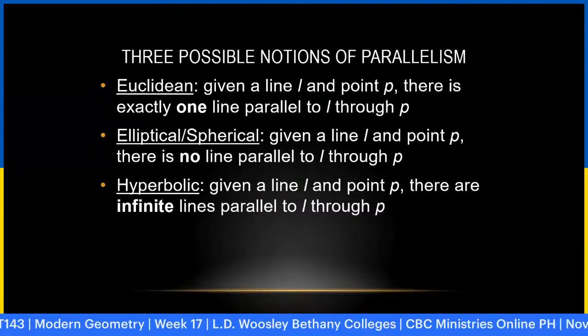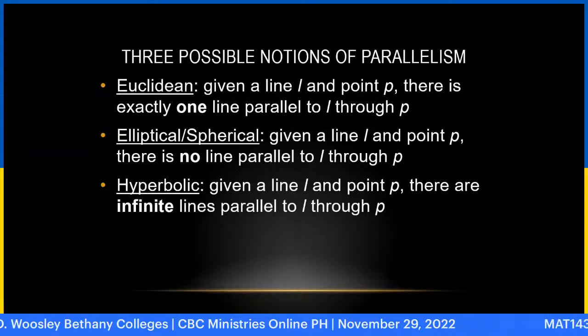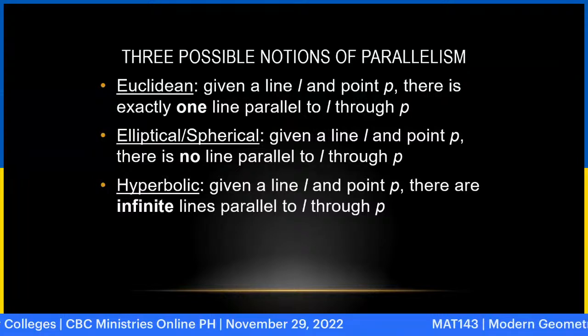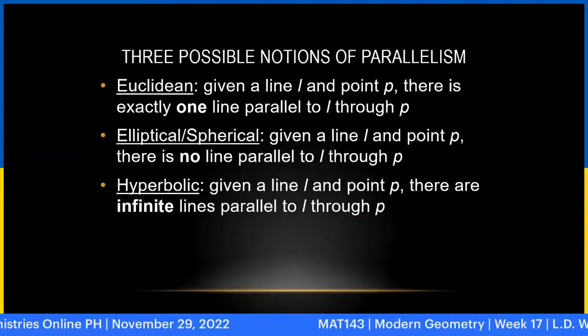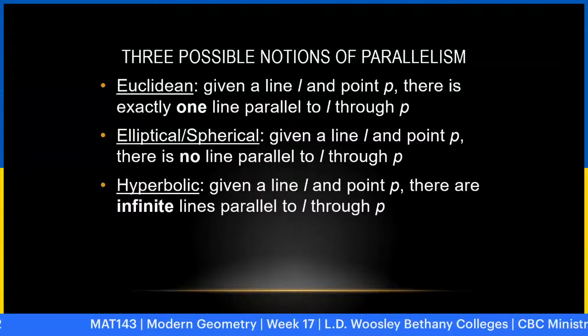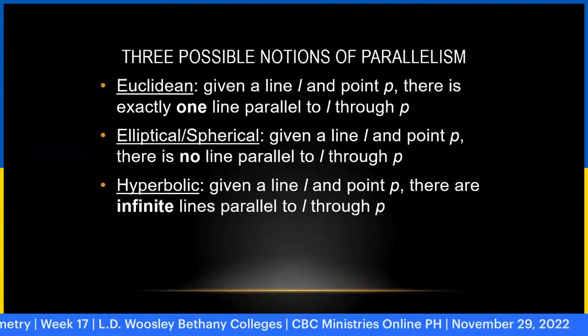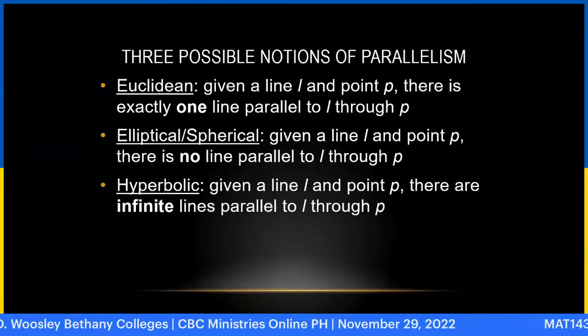So kaya walang parallel lines because all are intersecting for elliptical, no? Alright, for hyperbolic, there are infinite lines, okay? So just take note of this. I know we already made this as part of your activity before, no? So the differences of the three.